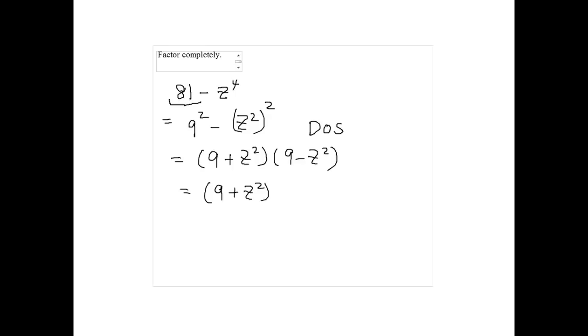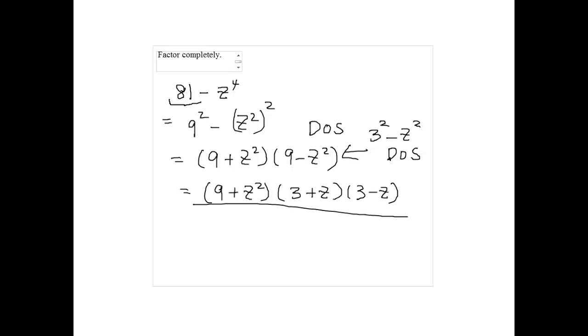Notice that 9 is 3 squared, and minus z squared, so we can use the difference of squares here as well. So we have 3 plus z times 3 minus z.